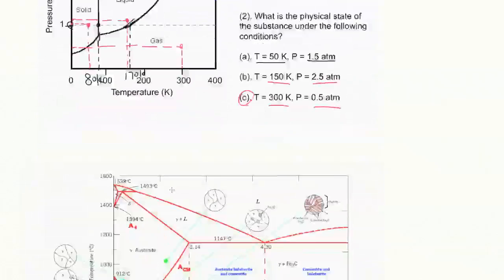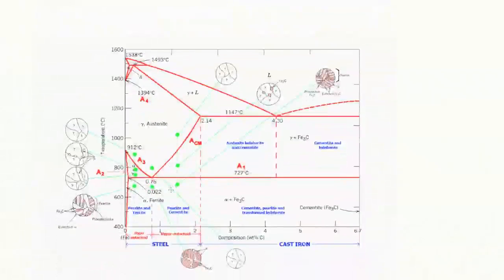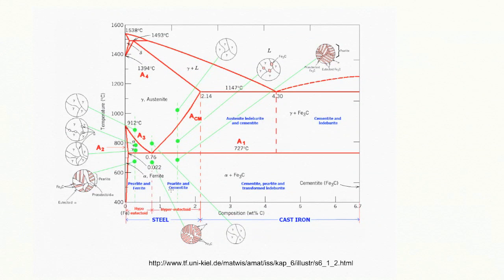This picture shows you the phase diagram of steel with carbon impurity. As you can see, this phase diagram is very complicated, and the different regions represent the different phases of the steel, and also the different percentage of carbon in the steel.